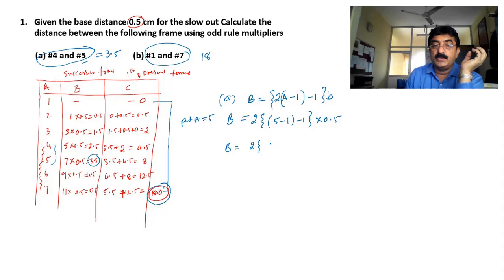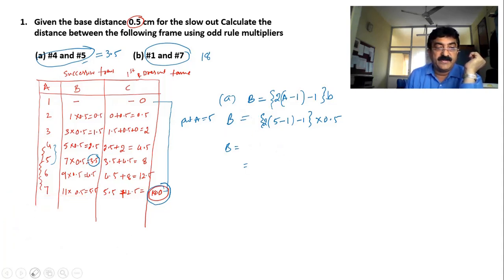Dear students, simplify this. Oh, somewhere I have made a mistake. Sorry, this 2 should not be kept outside; the 2 goes with the 5.